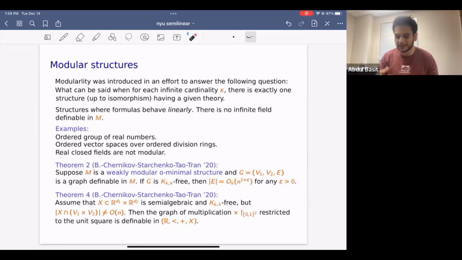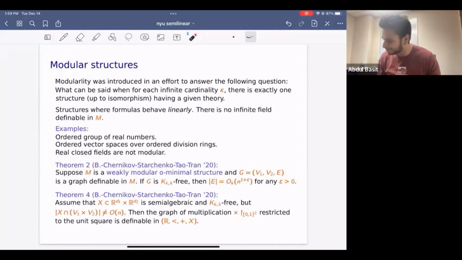So the only way you can get more than a linear number of edges is if you have some sort of field-like structure inside the theory. You need addition and multiplication to do that. It's like this sum-product phenomenon: having a linear number of edges for all your relations means you must act like a group in some way.